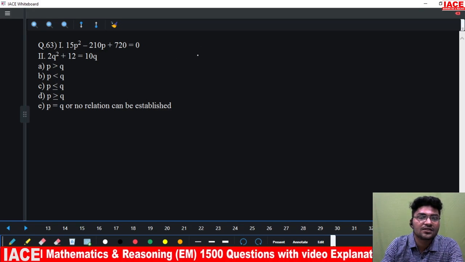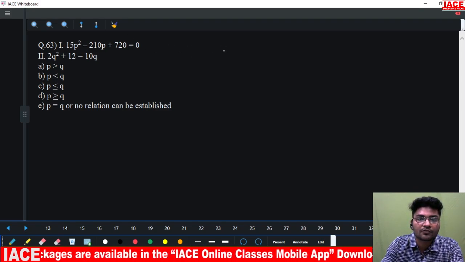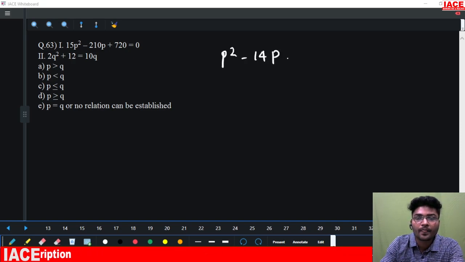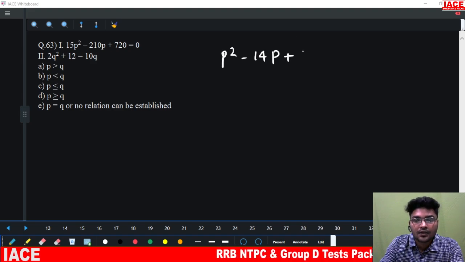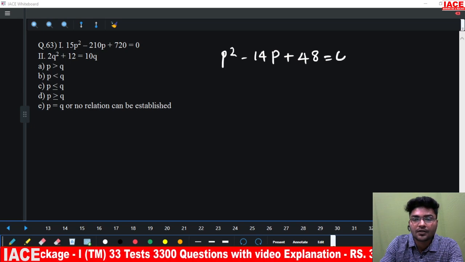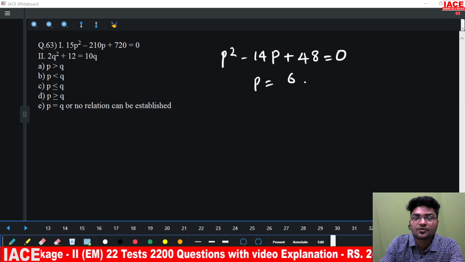Question number 63. If I cancel out this 15 everywhere, what will be left out for the first equation? P square minus 14p plus 15 into 48 will be 720. So p value will be equals to 6 comma 8.